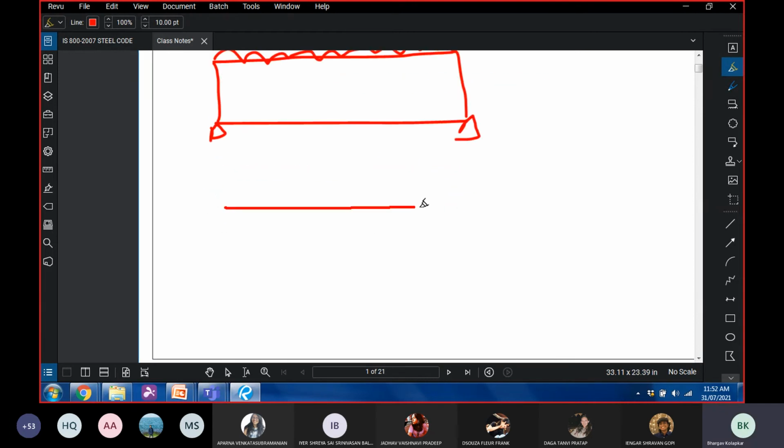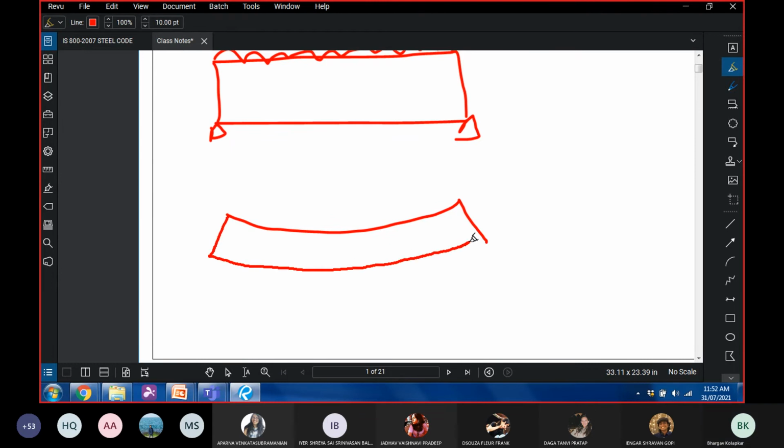After it bends, you're going to have maximum compression here, you're going to have maximum tension here, and then there'll be one axis along the length wherein you will have neither compression nor tension. And this is nothing but the neutral axis.